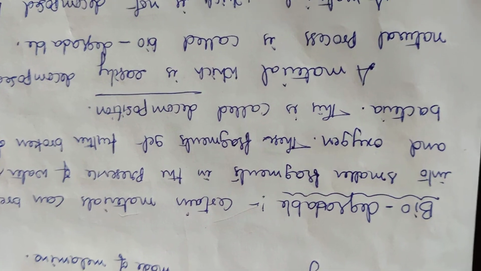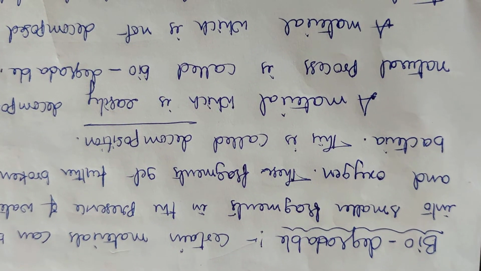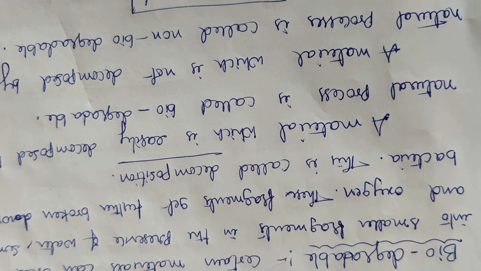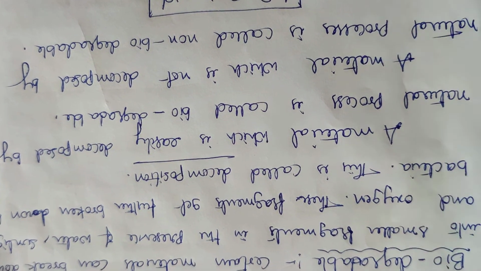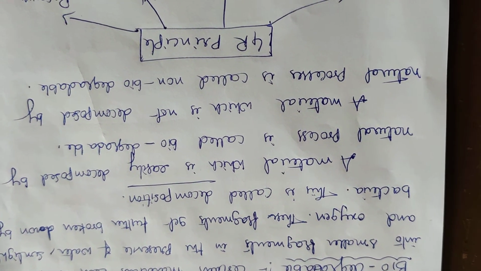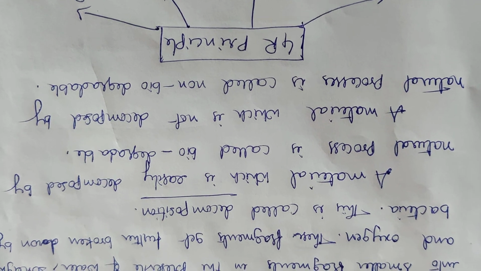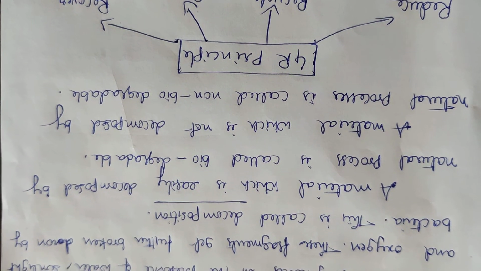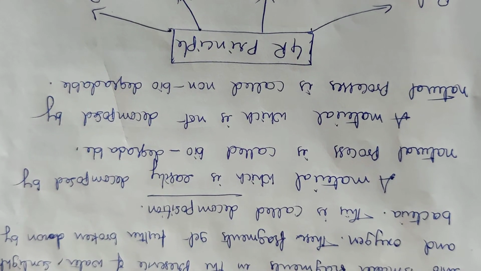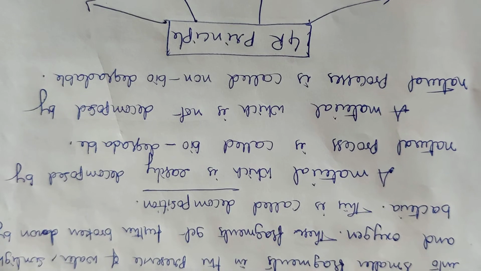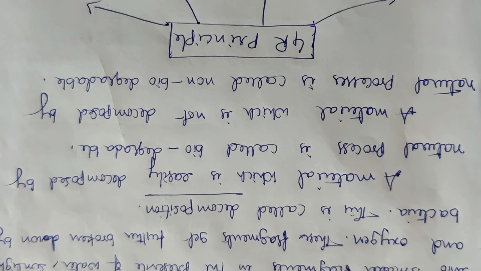But coming to plastic, it is not easily decomposed. It takes several years, which means thousands of years. So this comes under non-biodegradable. A material which is not decomposed by natural processes is called non-biodegradable. So plastic is non-biodegradable.